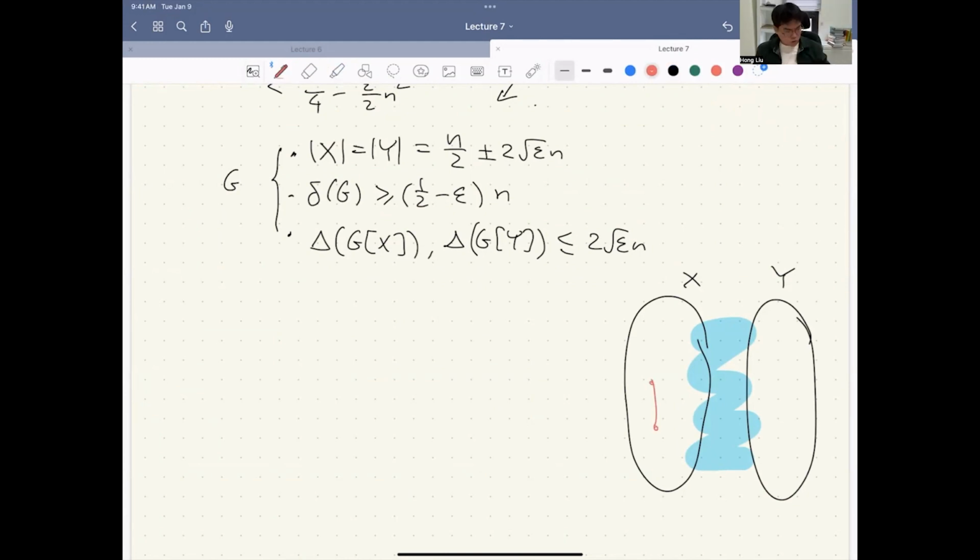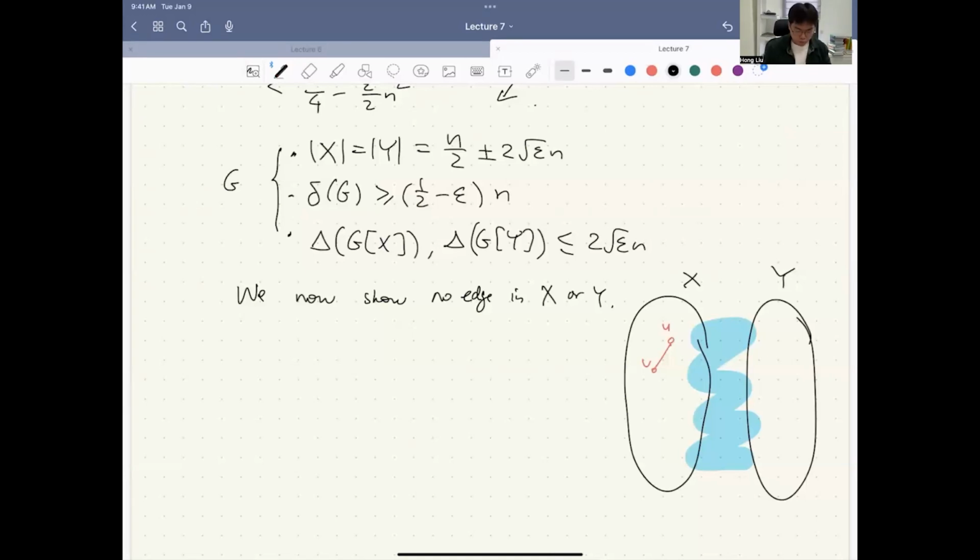So we now show no edge in x or y. By symmetry, let's just consider x.